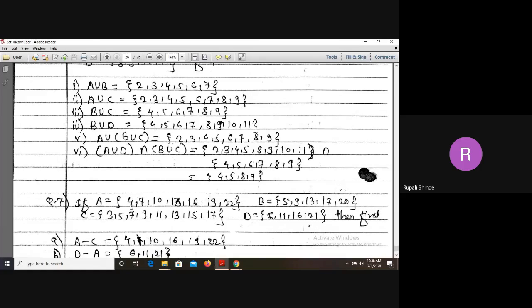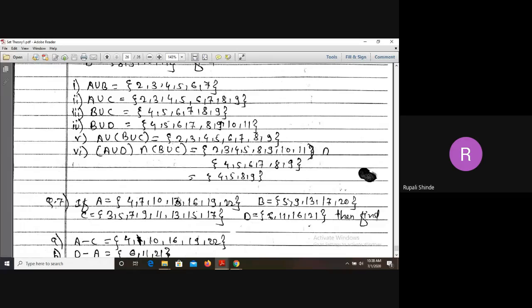Now check. 4, 7, 10, 13, 16, 19 and 22. So these are the elements of set A. Now we have to find out such elements those are in A but not in C. If you consider element 13, 13 is present in C also.